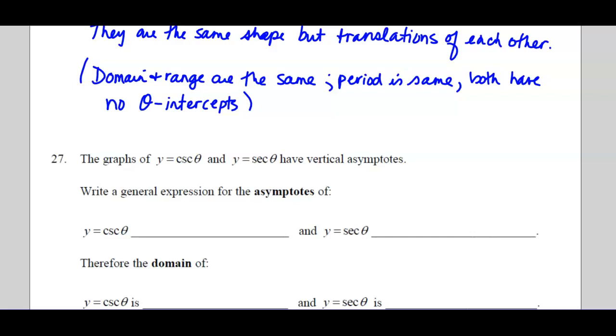So a general expression for the asymptotes would be theta equals, and it's equals when we're finding the equation of the asymptotes, not when we're stating restrictions or NPVs. So every multiple of pi for cosecant.